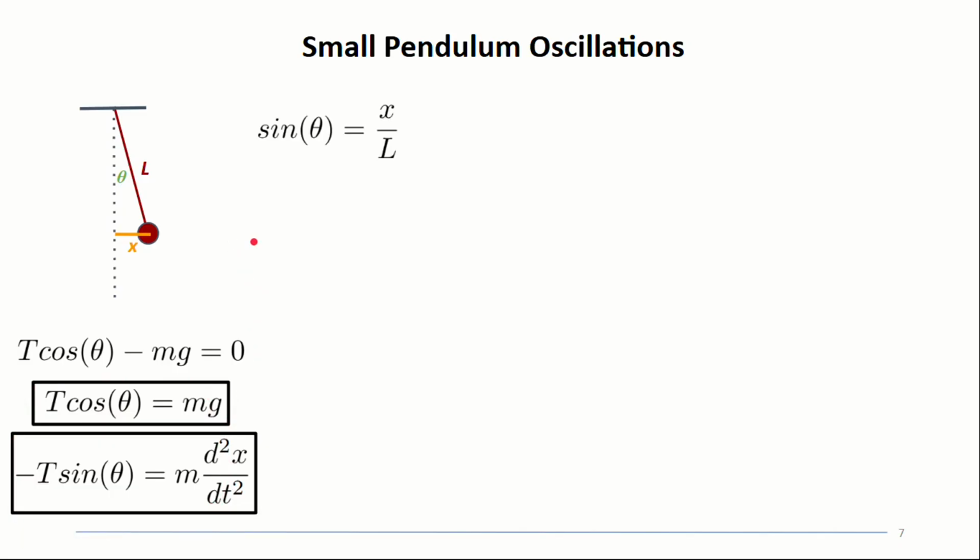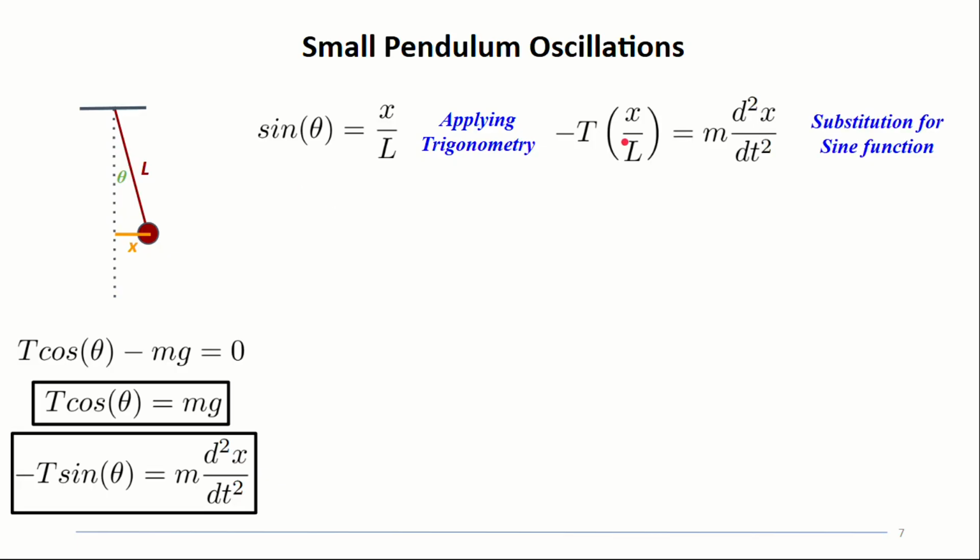So let's take a look at our trigonometry: sine of theta is equal to x over L. That makes sense for a right triangle, simply applying trigonometry. Then for the next part, we take this equation right over here and move it over here. We get negative T times the sine of theta.